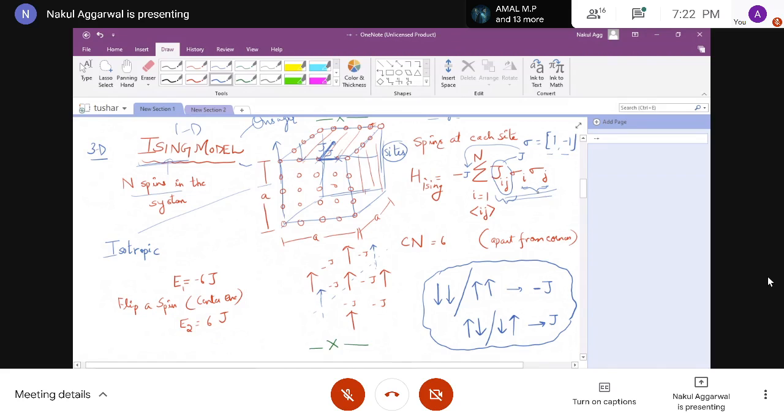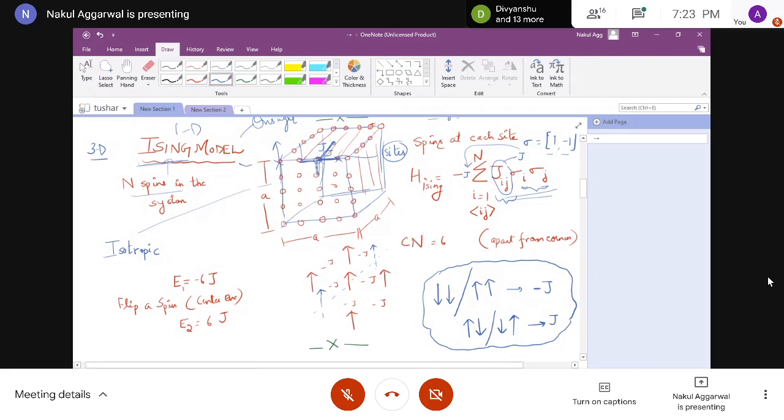The third major assumption is that only nearest neighbor interactions are taken. This spin can only interact with this spin, or this spin, or this spin, and so on, but this spin cannot interact with that spin. The only interactions we are going to allow in this system, for the sake of simplicity and without any loss of generality, are nearest neighbor interactions.